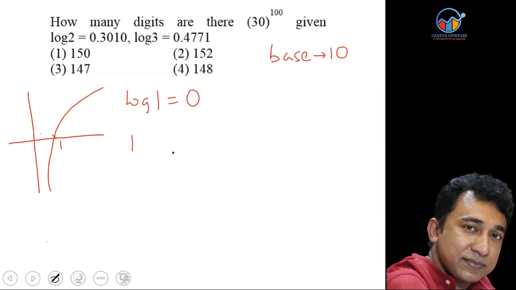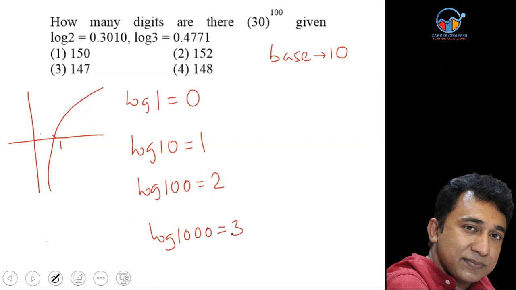Log of 10, if I take the base as 10, will be 1. Log of 100 is 2 because 100 is 10 square, so that square's 2 will come outside. So 2 log 10, that will be 2 into 1, that is 2. Similarly, log of 1000 is 3.